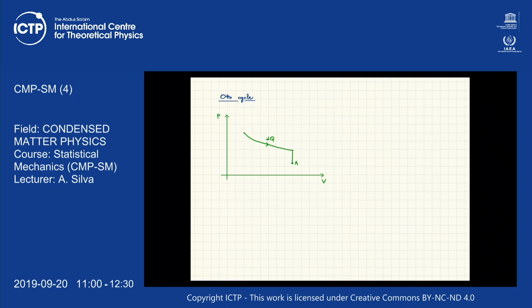You have first an adiabatic compression. Then you have an isochoric heating. Then you have an adiabatic expansion. And then you have a cooling part at the same volume.